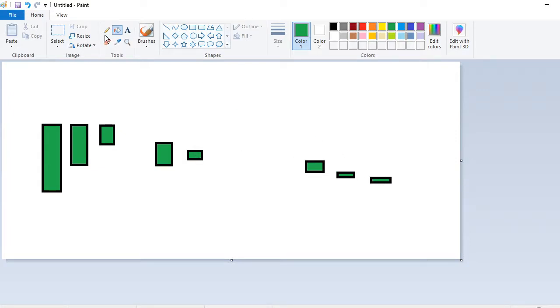Many people, especially new traders, beginner traders, novice traders, get confused by looking at the green candle. So how can we consider this as a trending candle and how can we consider this as a weak candle? Let's suppose all these candles have the same high and same low.